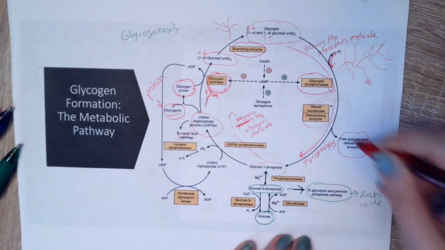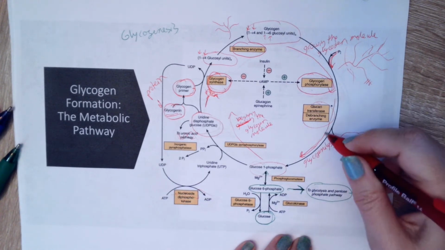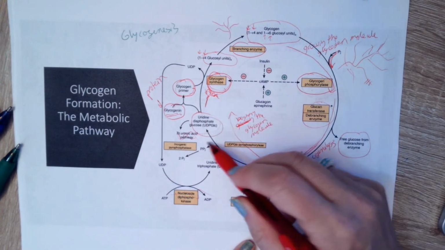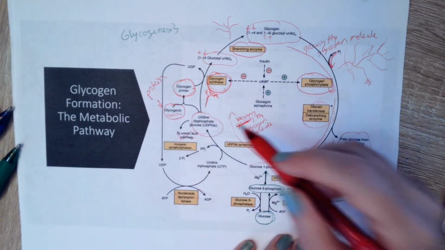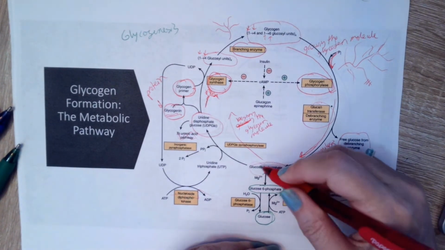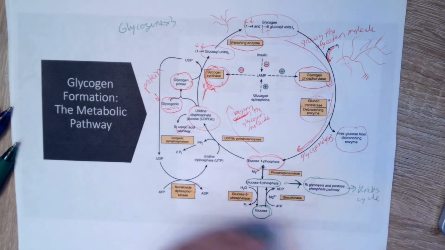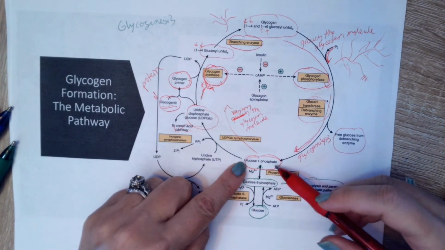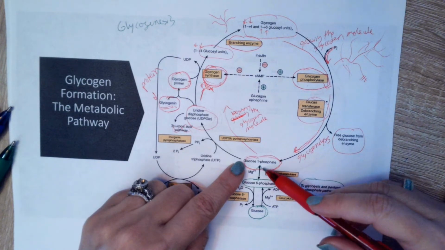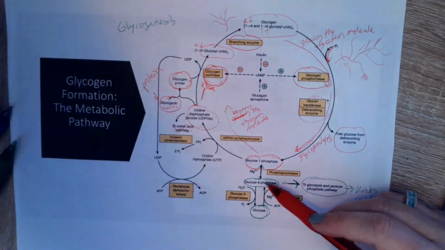One, we're getting a free glucose from our debranching enzyme, but we're also taking some of these glucoses that have been transformed. Remember, they got transformed into this uridine diphosphate glucose. But now we're putting them back into the form of glucose 1-phosphate. Glucose 1-phosphate, that was what we started with. So we've gone back to our starting point. And this is reversible. We can go back to glucose 6-phosphate from here.